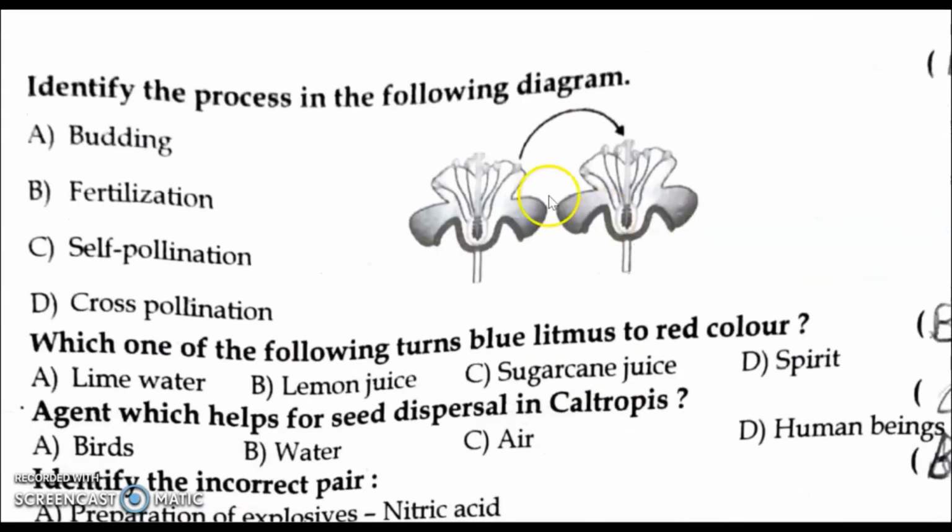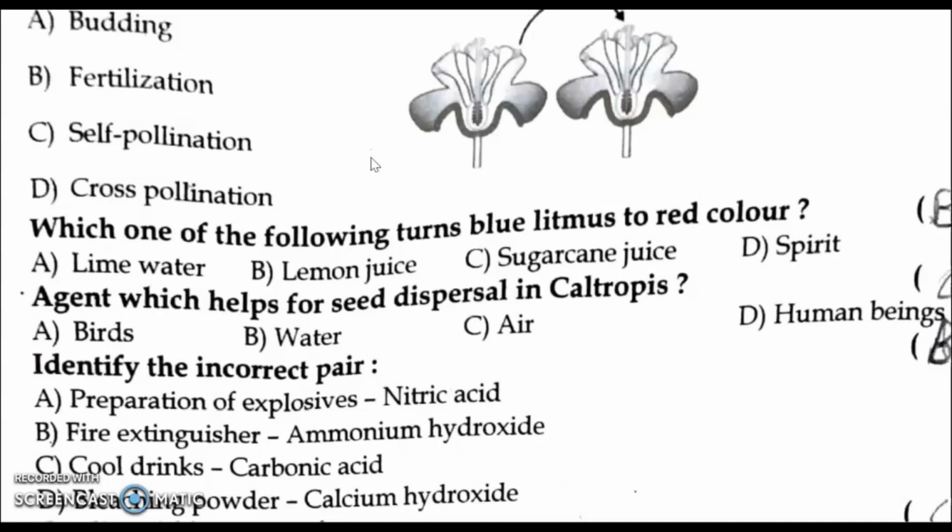And next is identify the process in this diagram. It is D, cross pollination, because it is pollinating crossways. Which one of the following turns blue litmus to red color? It is lemon juice. B is the correct answer.